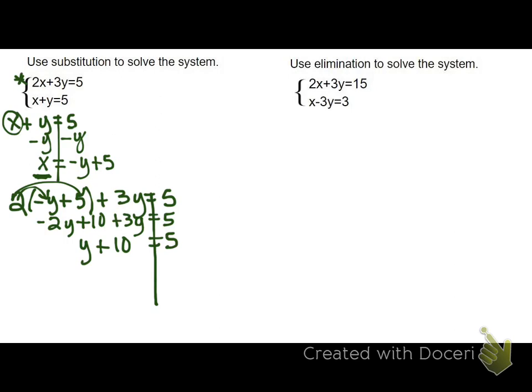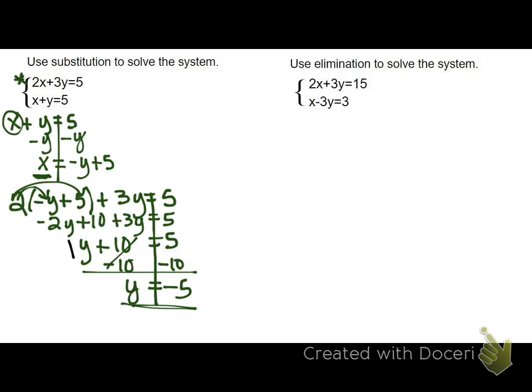Then to get y by itself, subtract 10, so y equals negative 5. If you had brought down the 1 with the y, you'd either divide by 1 or just drop the 1 to get your final answer.